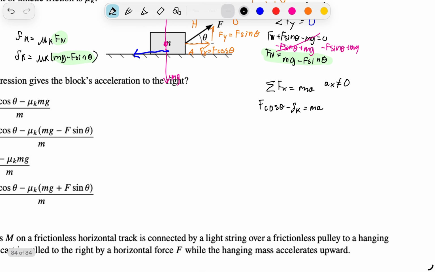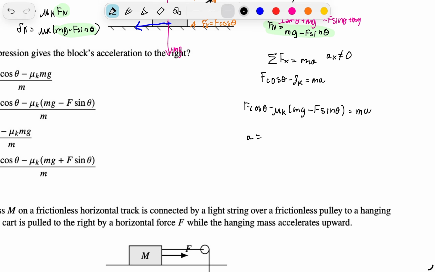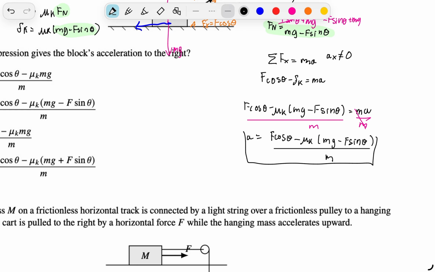Then we can substitute the Fk that we found earlier: F cosine of theta minus mu k times mg minus F sine of angle theta is equal to the mass times acceleration. So acceleration is equal to F cosine of angle theta minus mu k times mg minus F sine of angle theta, all divided by our mass, because we had to cancel the m, by the way. So we got our acceleration like that.